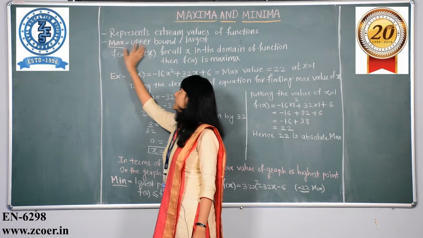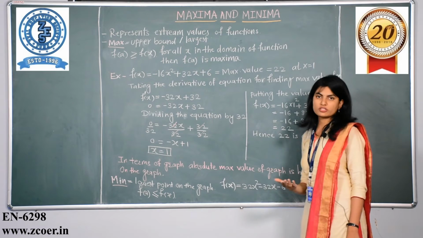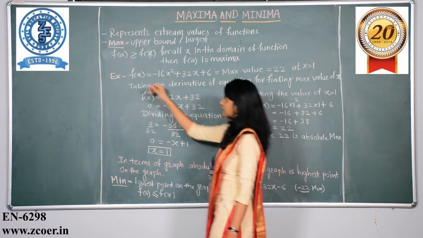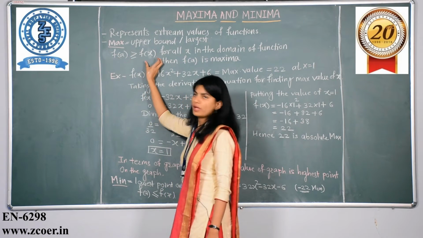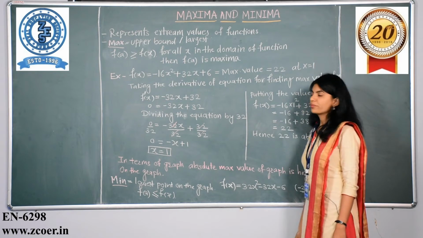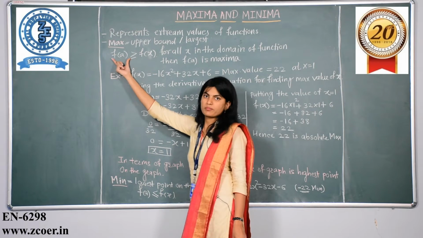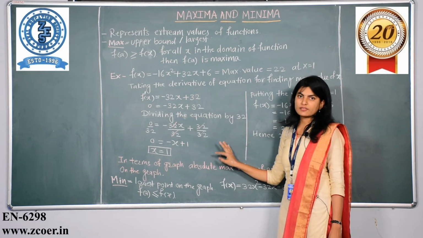Maxima is nothing but the upper bound of any function, or the largest possible value of any function. The condition is f(a) greater than or equal to f(x) for all x in the domain of the function, then f(a) becomes a maximum value.